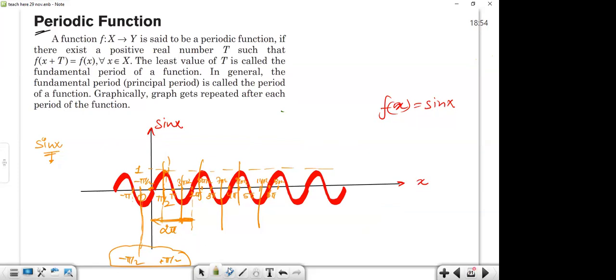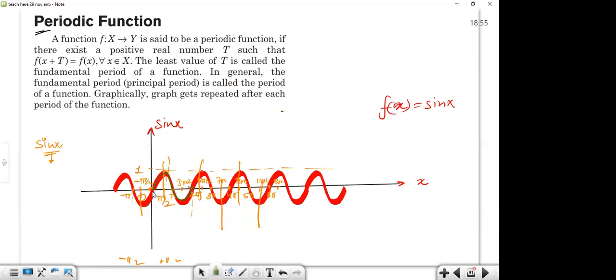So basically, if you are able to understand from this picture, there is a pattern. This is a simple wave. Try to understand this from here to here. Using this wave, I can copy and paste and make the whole graph.